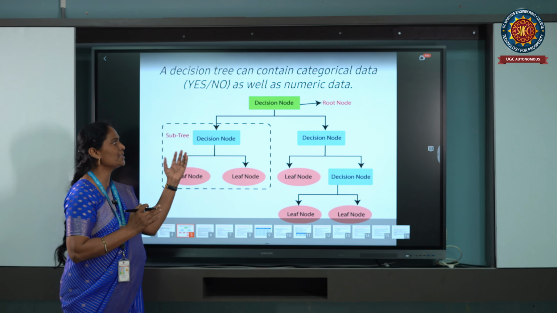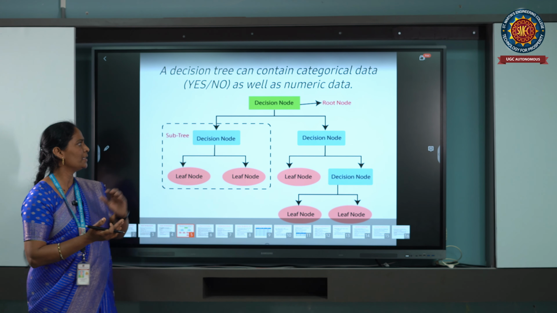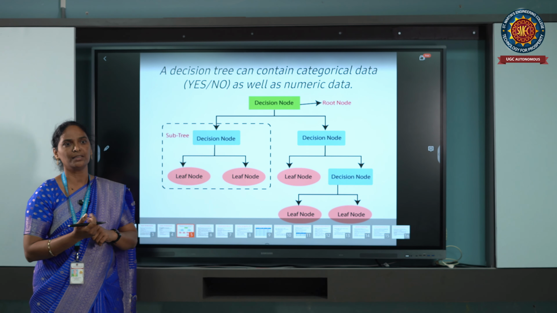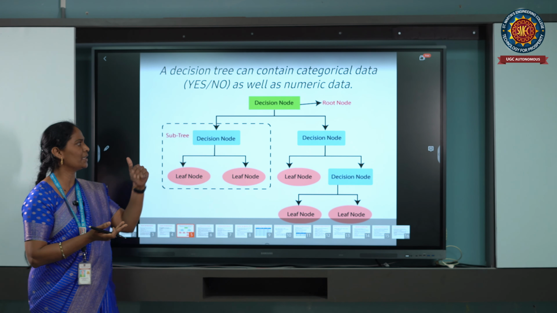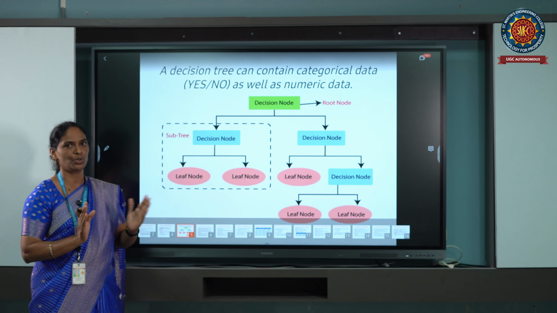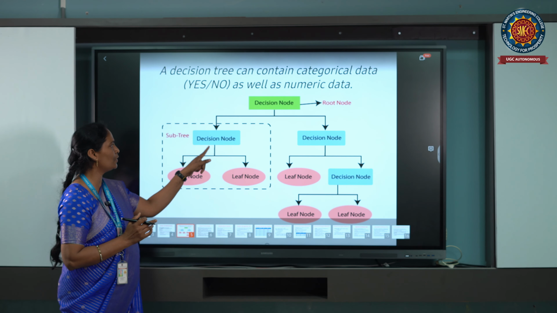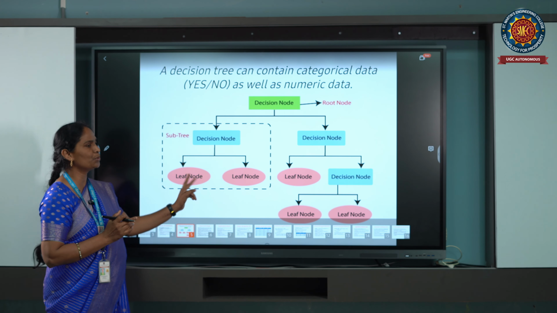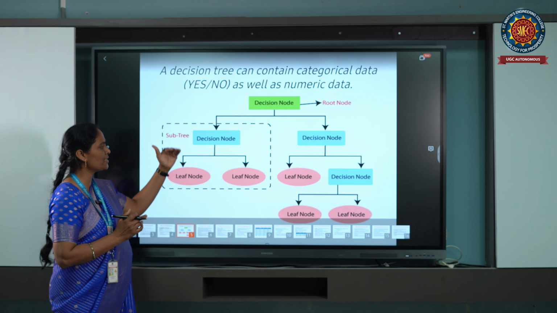If the decision is in yes or true form, it comes on one side, and if it is in no or false form, it comes on the other side. So the decision is based on the data set, which will divide it into two groups of classes. We can see the decision node divided on one side, having two nodes, like the decision node, sub branch and the leaf node.